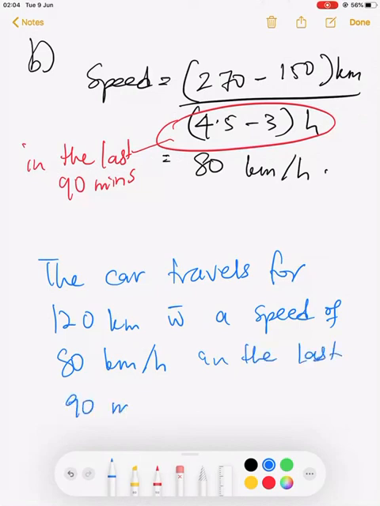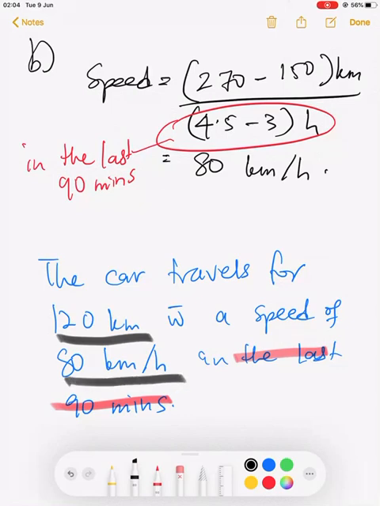Remember, the questions only ask you about the last 90 minutes. So you talk about the distance 120 kilometer and then the speed 80 kilometer per hour. Okay, so we are done with example 5.